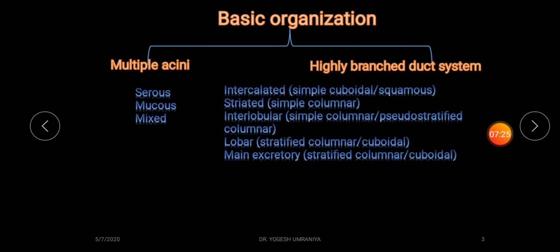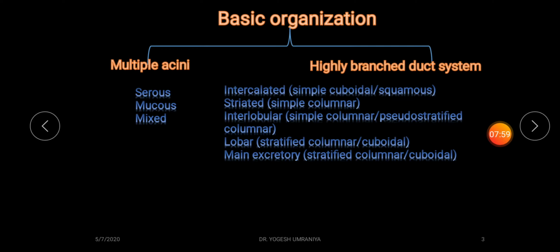Now, in some textbooks they mention that the terminal portion of this main excretory duct has a variation in the type of epithelium, and this epithelium may be stratified squamous non-keratinized, the same as the epithelium of the oral cavity. So, this is something regarding the basic organization.